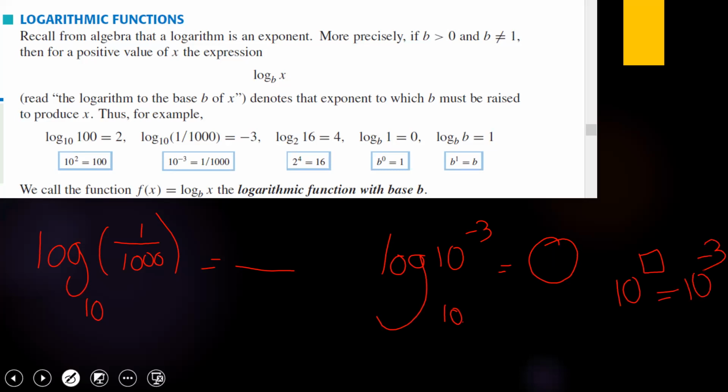How can I make these two sides equal? 10 to the power something is equal to 10 to the power negative 3. So what will the number be here? Negative 3. So because of that, I will say that logarithm to the base 10 of 1 over 1000 is negative 3.